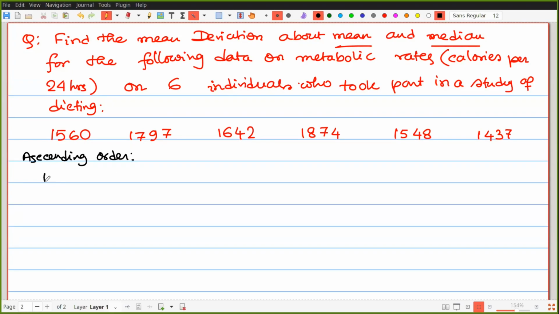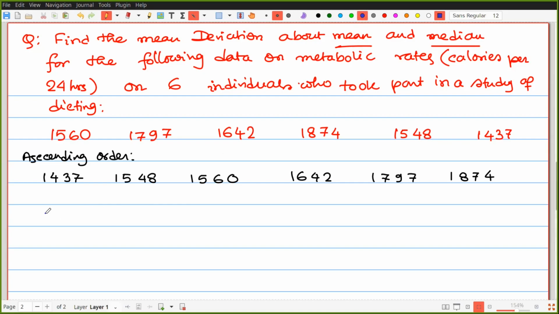So in ascending order, it is 1437 at first, then 1548 second, 1560, then 1642, then 1797, okay, then 1874. Okay, in ascending order, that one.